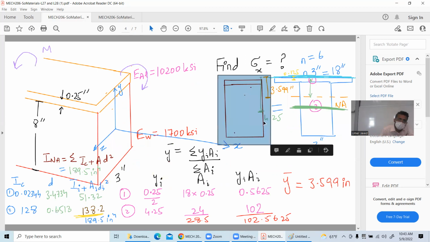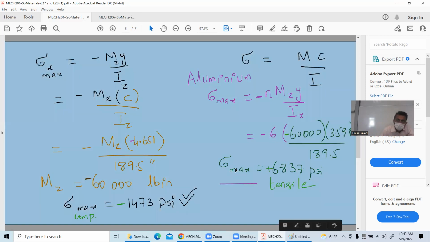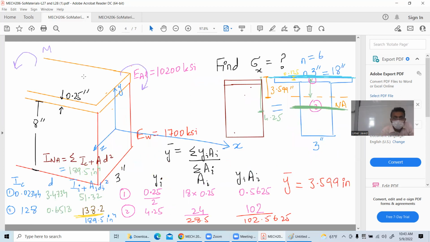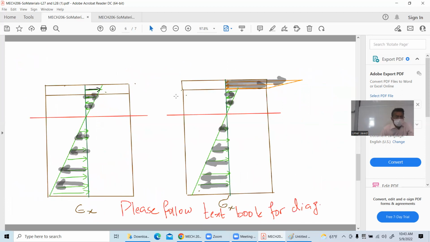This is my original section. And I know that the aluminium has 6 times the elastic modulus of wood. So at the end, when it comes to finding the stresses on the top surface, I just multiplied the answer with 6. And I got the maximum tensile stress at the aluminium surface, which is the top one, and the maximum compressive stress I already found. I did not make this diagram last time.